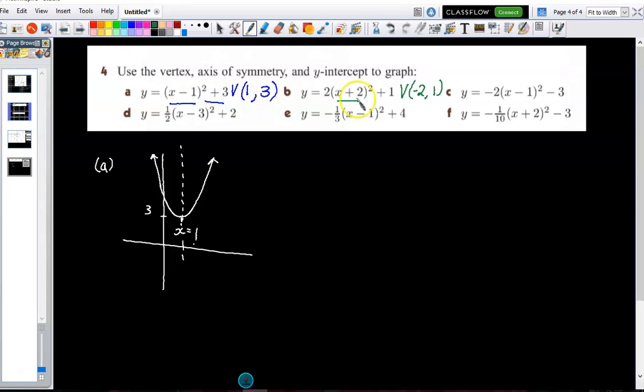It shifts it 2 spots to the left. This is your translation up. Lifts it up by 1. So -2, 1. Is it concave or convex? Convex. So cross here at -2, 1.